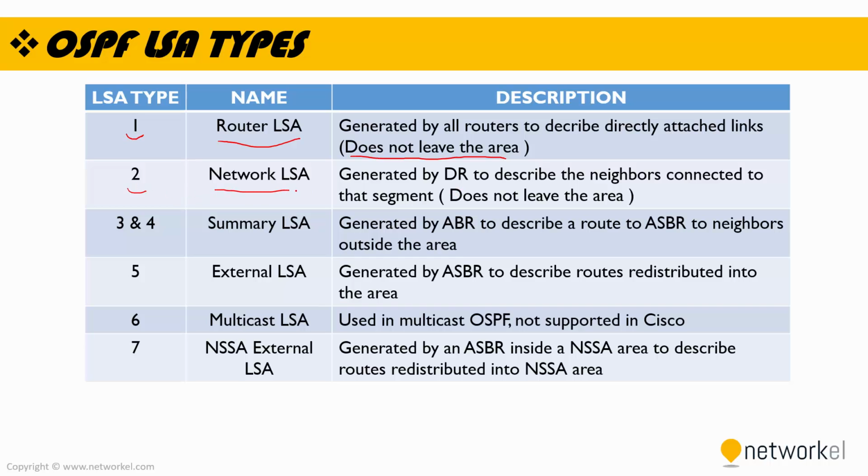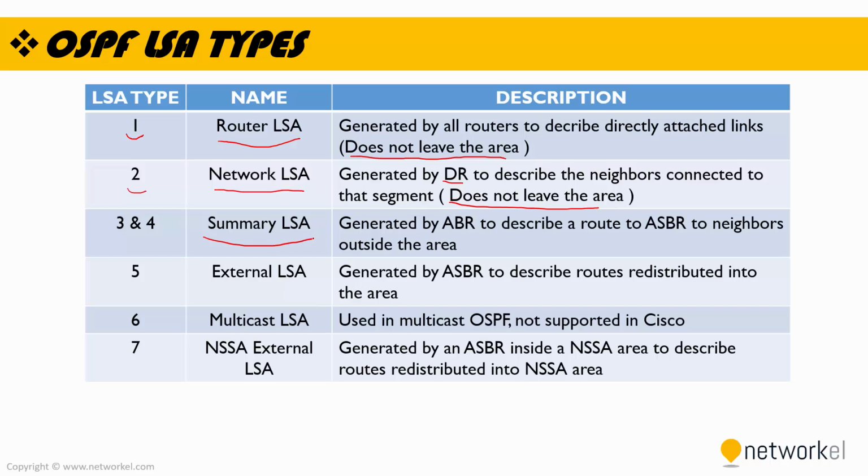Secondly, we have the network LSA. This type of LSA is generated by the designated router to describe the neighbors connected to that segment. And please keep in mind that this LSA does not leave the area.